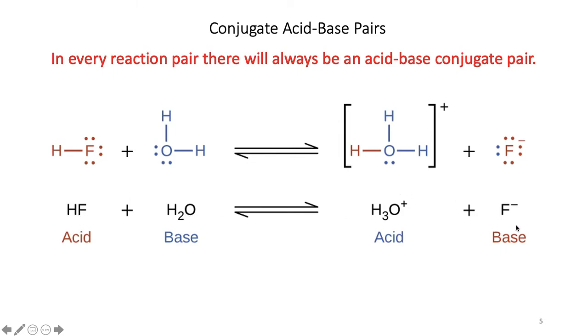Do not confuse this one with the base on my reactant side. You will have an acid and a base as reactants and an acid and a base as products. These are pairs that go together. The clue here is that the acid and its conjugate base will have the same anion. So the F, see this, appears in the acid and the conjugate base.